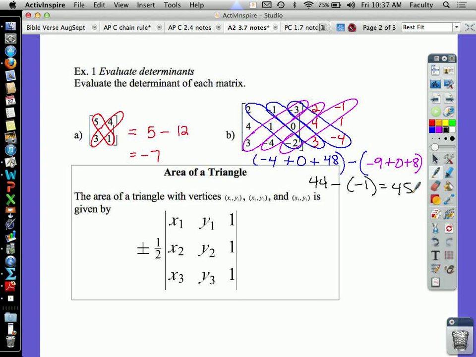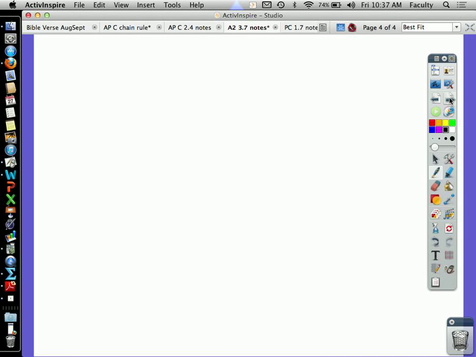Alright, so what we're going to do is we're going to pause here before we do the next concept. And I'm going to give you 4 problems to do determinants to practice. So turn to your warm-up section or a piece of notebook paper. And so we're going to just practice.